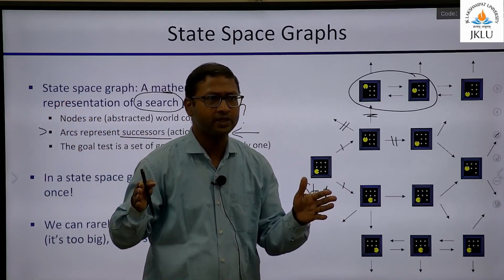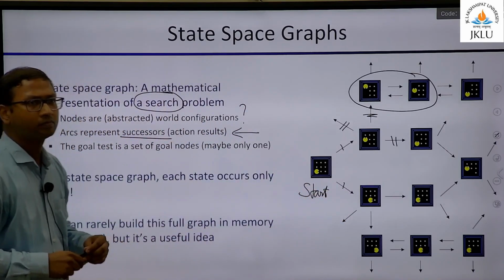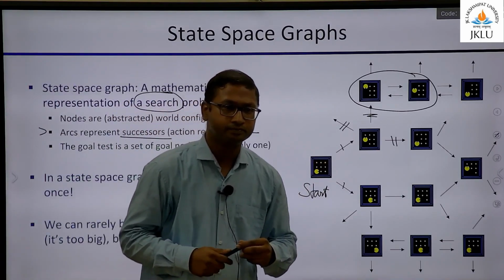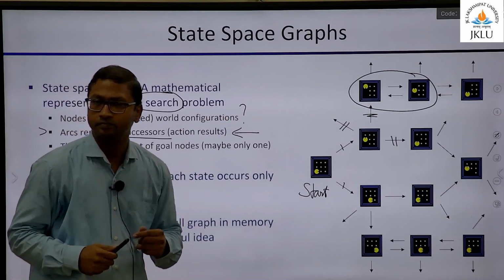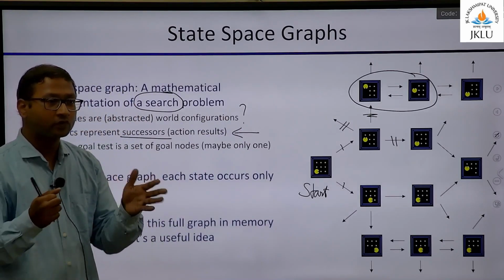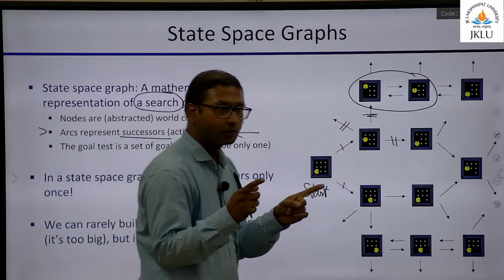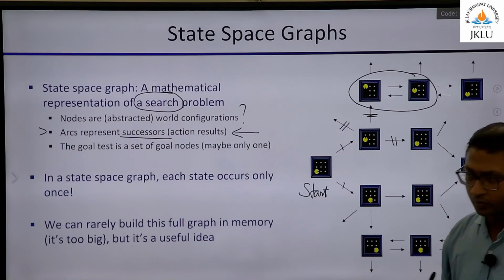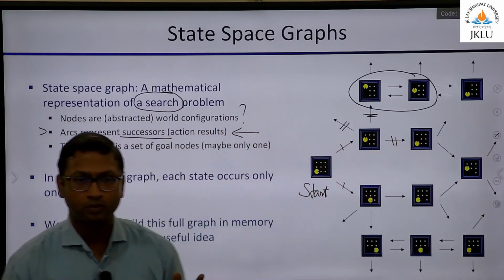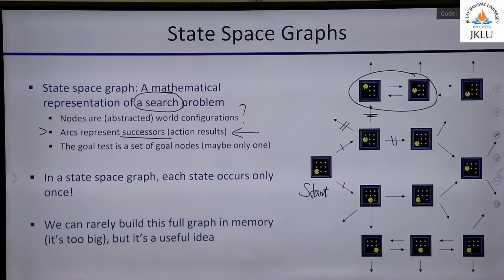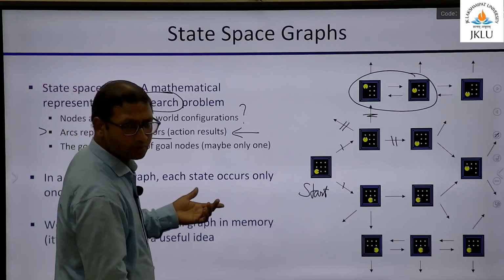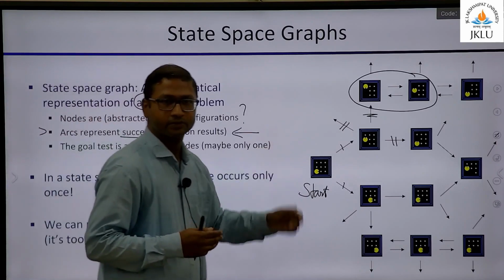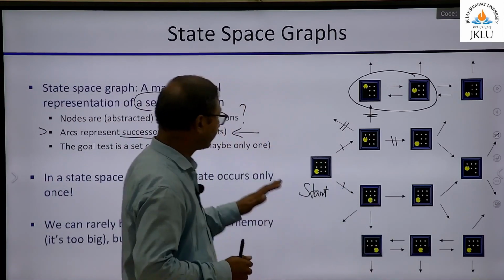I think this is only there, right? 8 pellets. So what was the final figure? 9 into 2 to the power 8 into 4 into what was the last thing? Okay, ghosts are not there, right? So this is all we have.